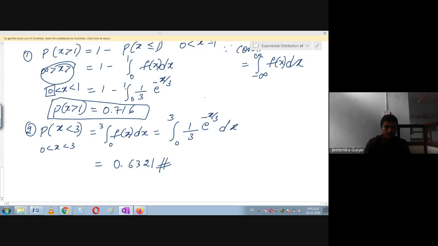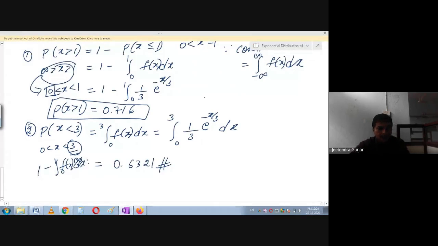Only when they have mentioned it will it cross, but here they have not mentioned it. Therefore, when you reverse this, it will be 0 to 1. But here the upper limit is fixed. You cannot take infinity here because they have already fixed it as 3. If they give upper limit infinity, then we have to reverse this. Then it will be 1 minus integration 0 to 1 of f of x dx.